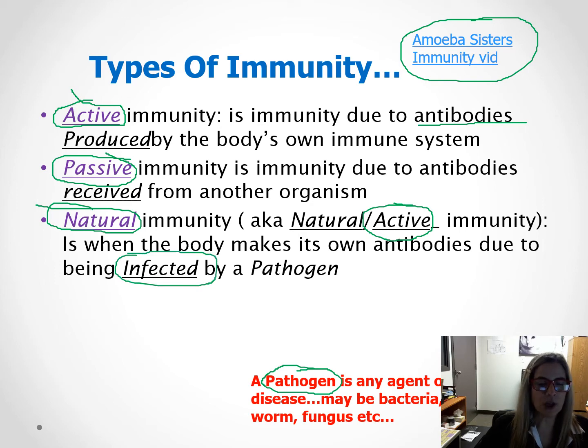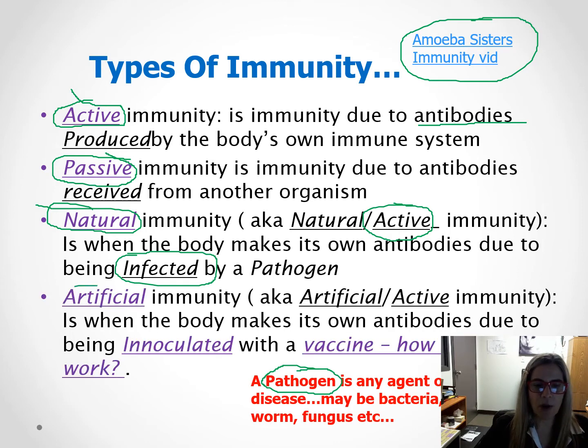Okay, so when you catch a cold, when you catch a flu bug, you catch chicken pox, anything like that, that is considered active immunity because your body is going to make antibodies in response to that pathogen, but it wasn't due to a vaccine. Okay, so natural immunity means you actually came into contact with the legitimate living pathogen, and that pathogen made you sick, and your immune system responded by making antibodies. So that's the active part there.